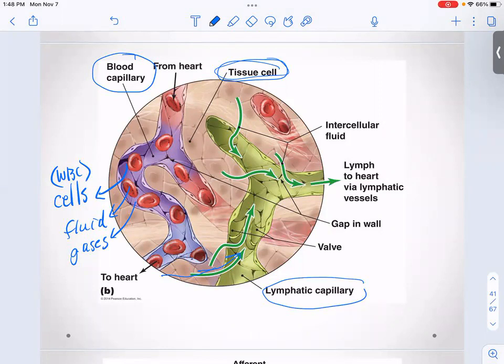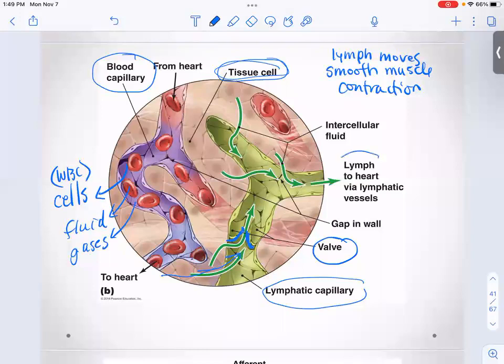That lymph will move in one direction, and it moves by smooth muscle contraction. And we have valves here in the lymph, kind of here and here, that make sure that it only moves in one direction.